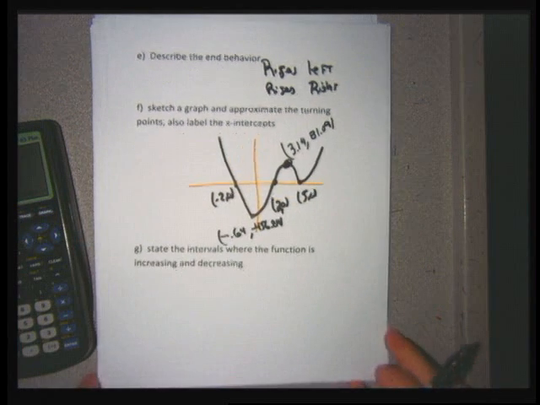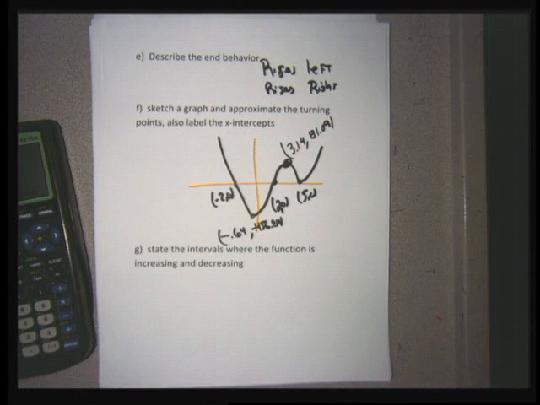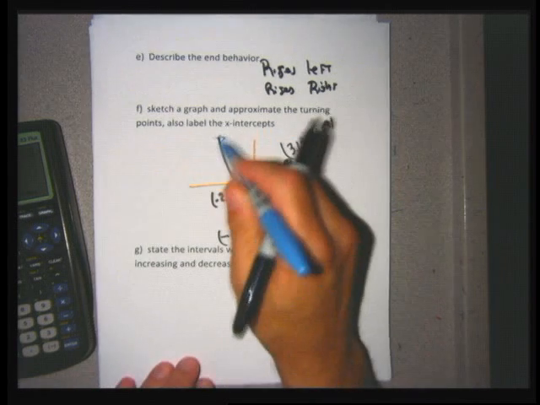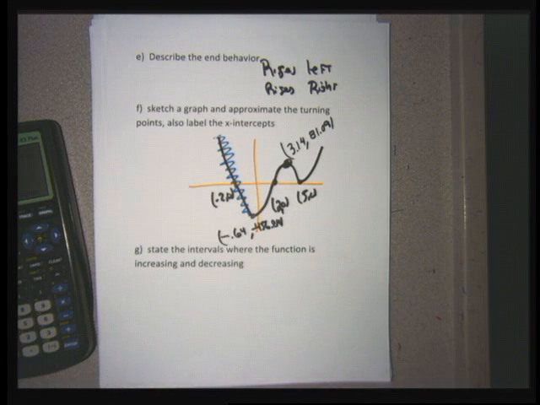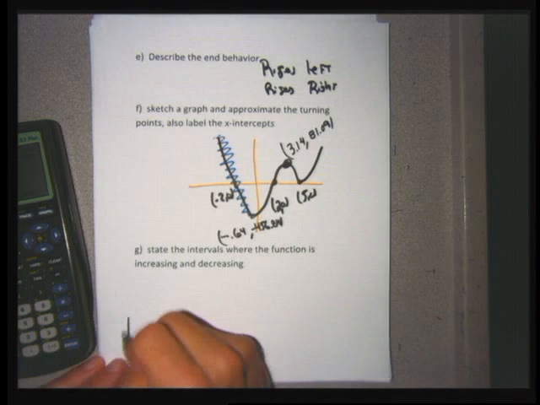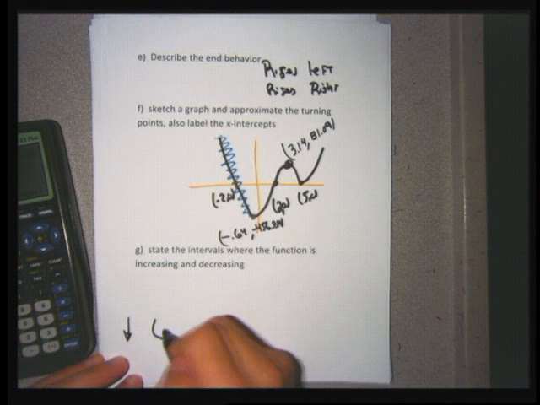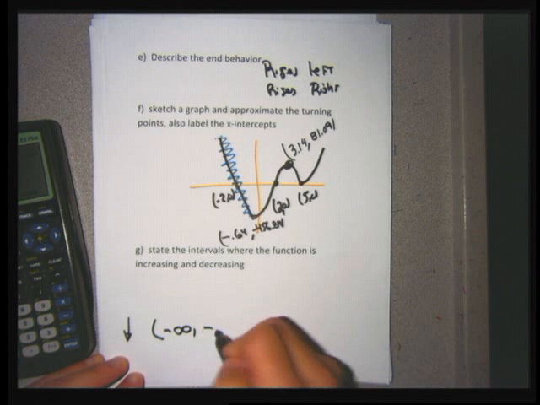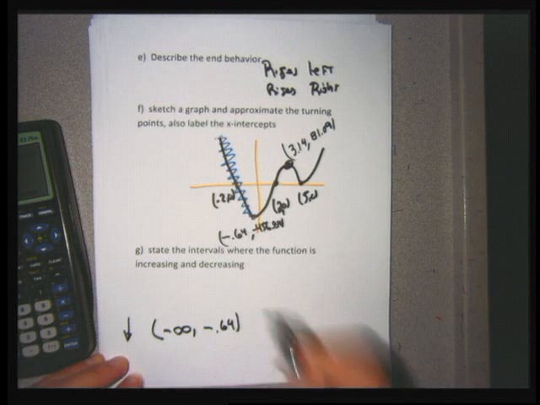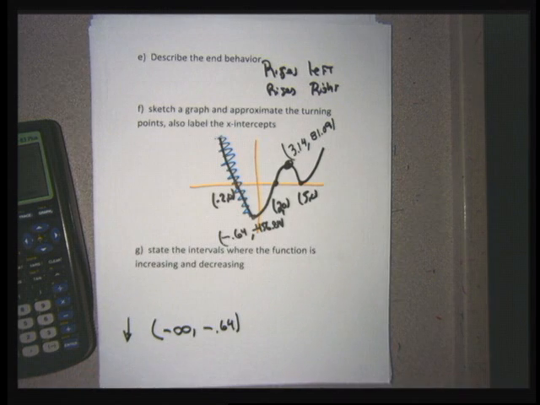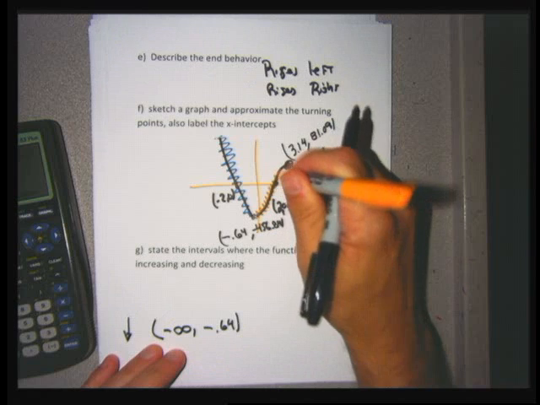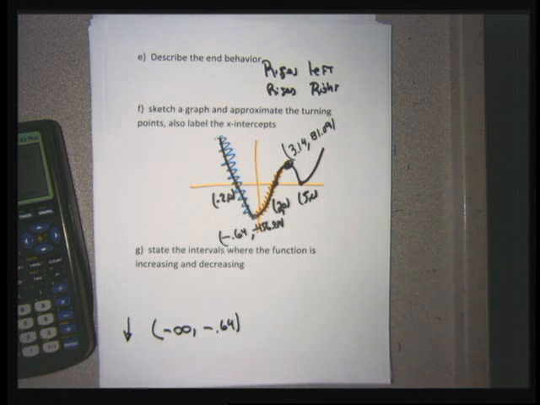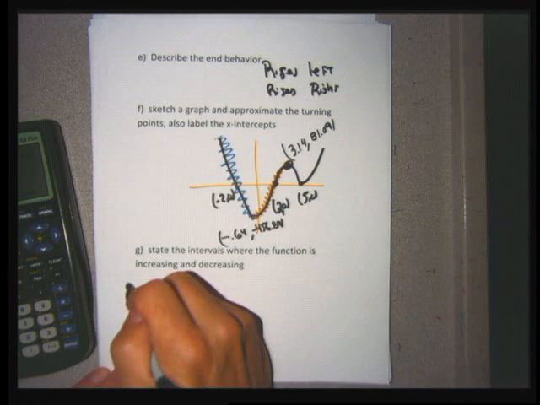Now I'm going to describe the intervals. This first leg of the graph from -infinity to that low point, it's decreasing. So the decreasing part of the answer is between -infinity and -0.64. As I move from left to right, the graph is decreasing. And then from this -0.64 up into that maximum point of 3.14, the graph is increasing.